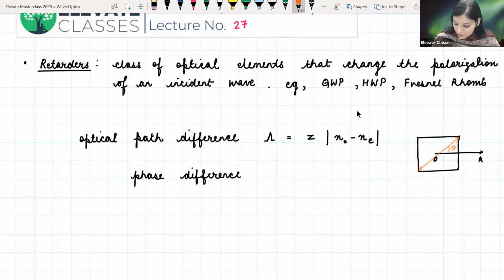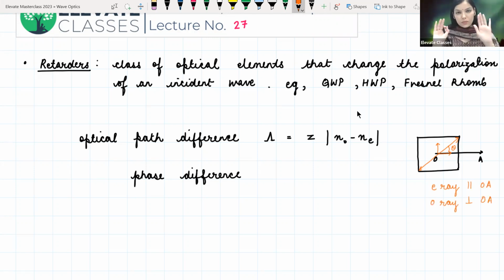Then I said that I will take one component which is oriented in the direction of the optic axis, and I will take one component which is oriented perpendicular to the optic axis. So the E ray was parallel to the optic axis, and the O ray was perpendicular to the optic axis.